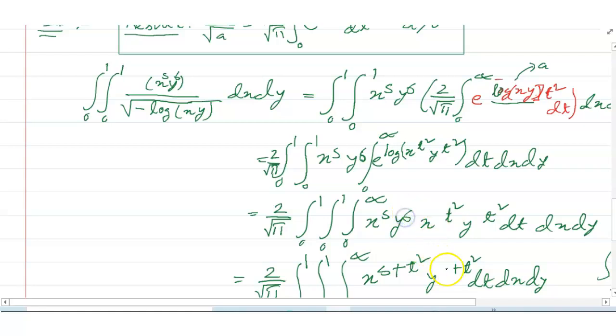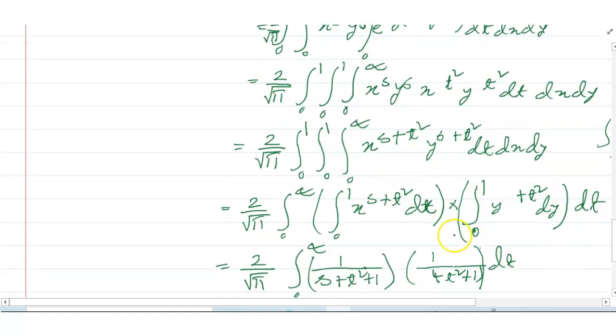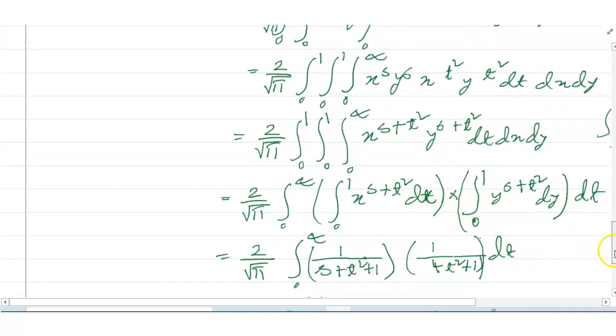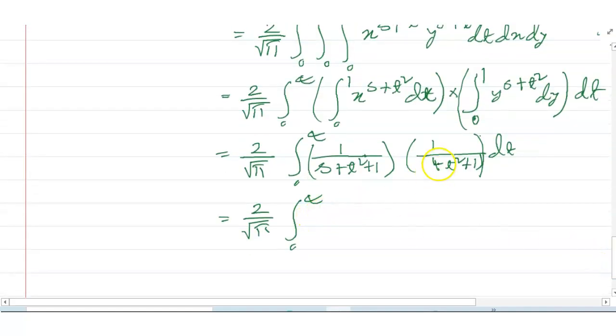This is y to the power sigma, and y to the power sigma plus t square. So it is sigma plus t square. I take this because otherwise it takes another whole square problem. It is another way, but it may be complex, so I try to solve it in an easy way.